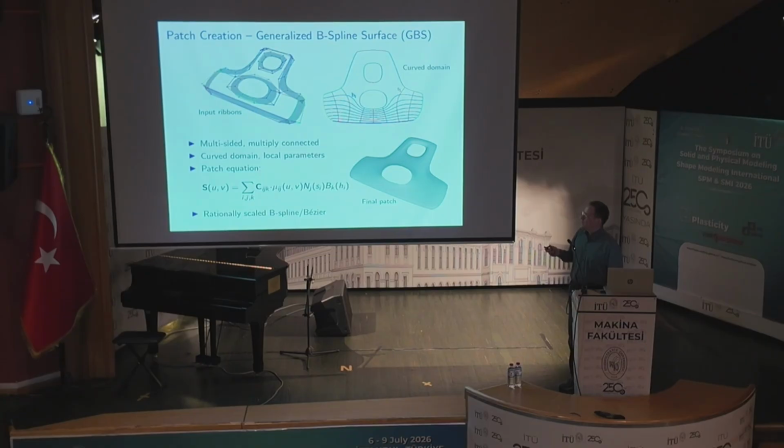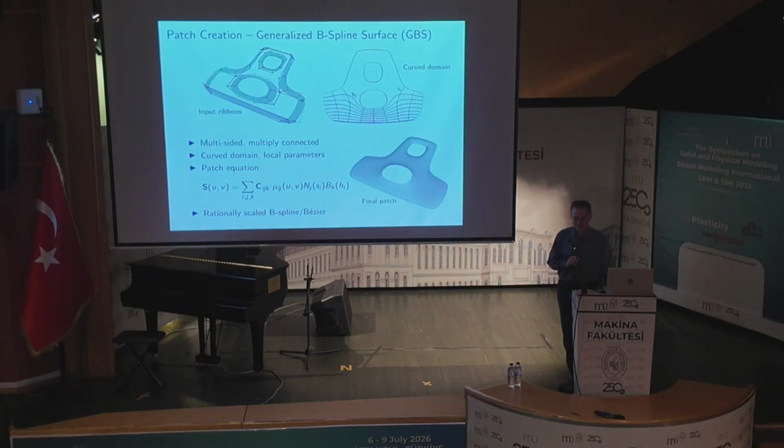For each edge, we have an associated SI side parameter that goes from 0 to 1 as we go along the edge, and also an HI height parameter that goes from 0 on the base side to 1 as we reach the far sides.